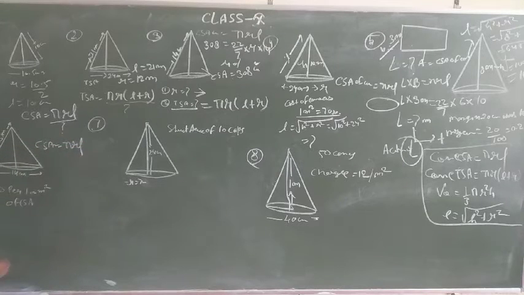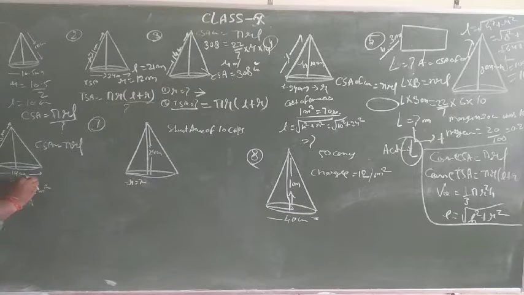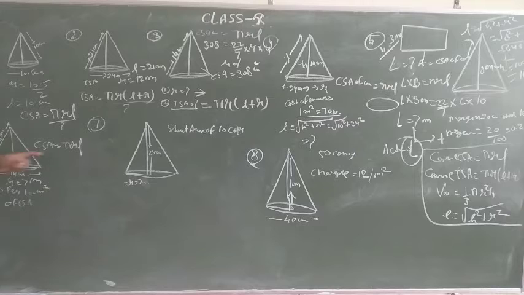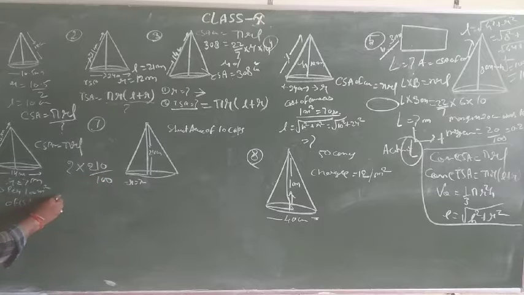The formula is pi r l. r is given as 7 meter, l is given, put in these values, and find your curved surface area. After that, the charge is given. How much charge? 210 per 100 meter square. So the total surface area is multiplied by 210 upon 100 and you find the total charge.